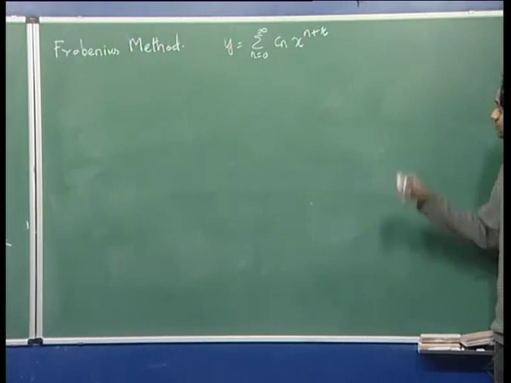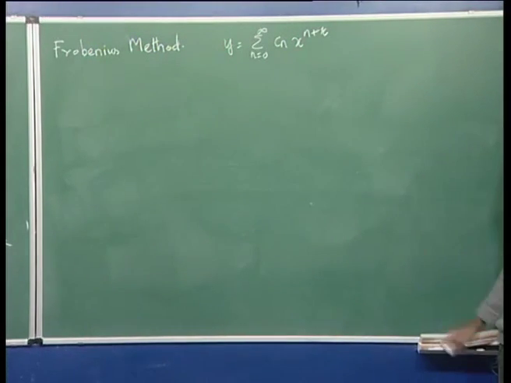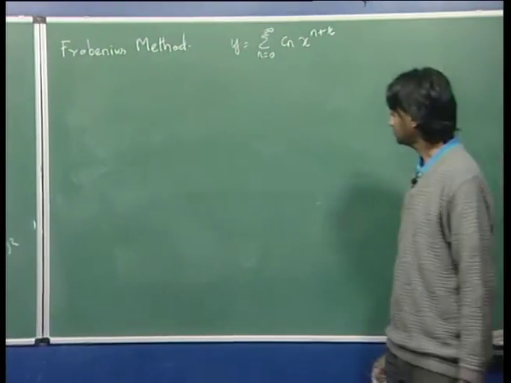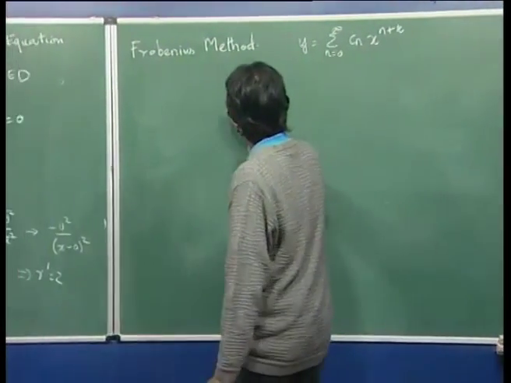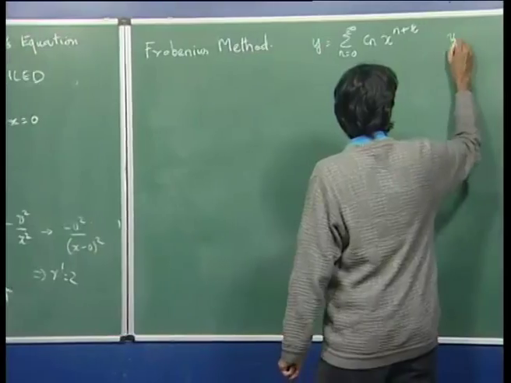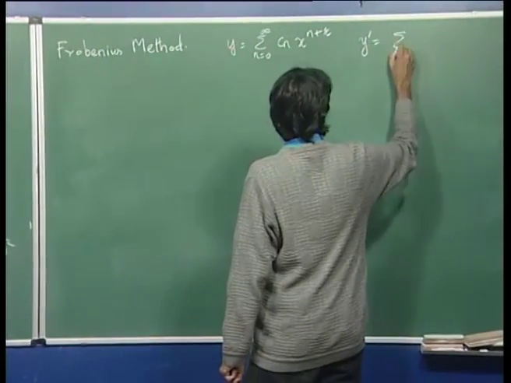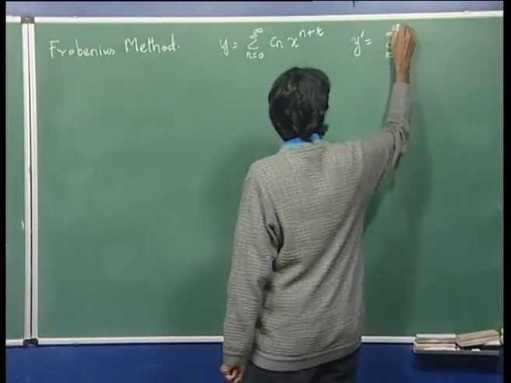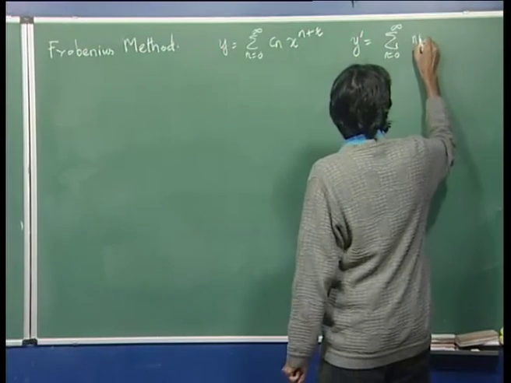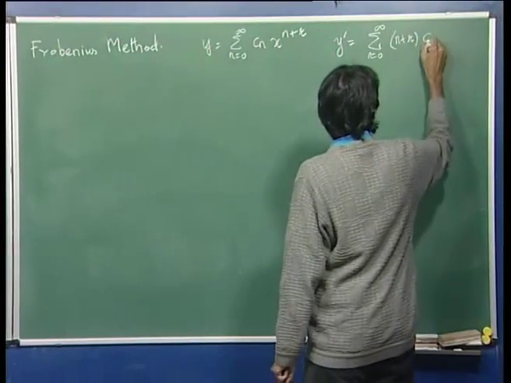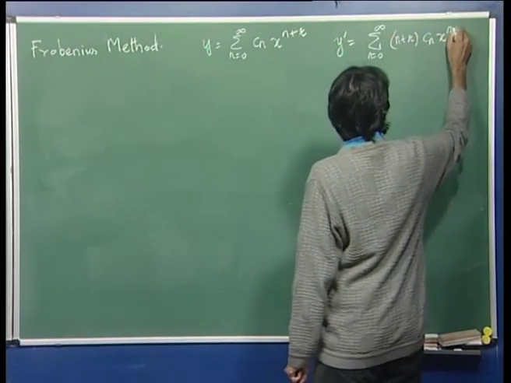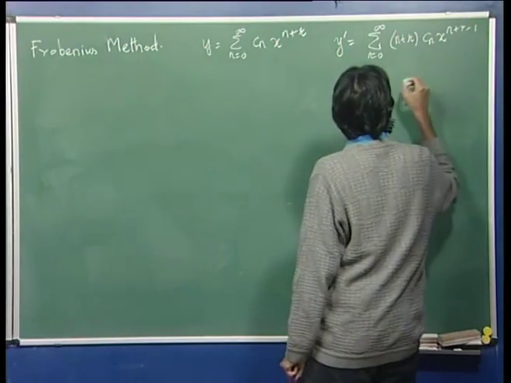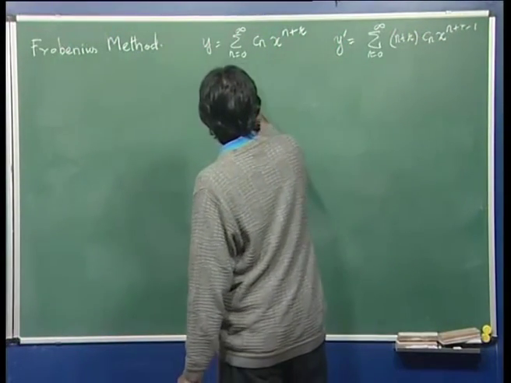Now we will start with this series, apply it and see what happens. So this implies y prime is equal to the sum over n equal to 0 to infinity of (n plus r) C n x raised to n plus r minus 1, and similarly y double prime.